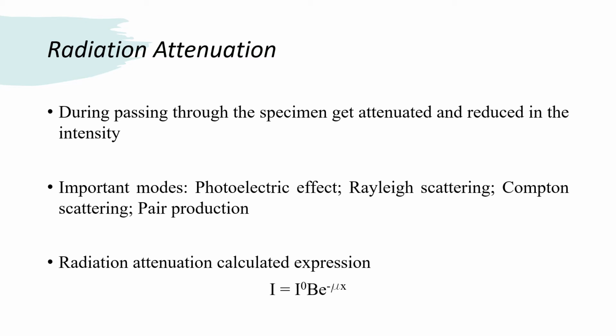Next one is radiation attenuation. X-ray or gamma radiation, when it passes through the specimen, gets attenuated and reduced in intensity. The important modes of absorption are photoelectric effect, Rayleigh scatter, Compton scattering, and pair production.